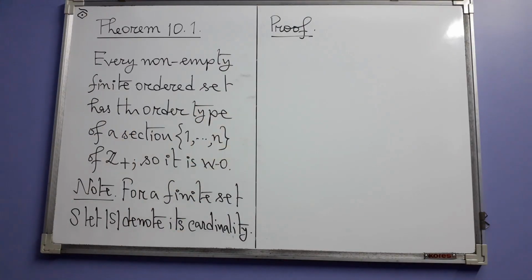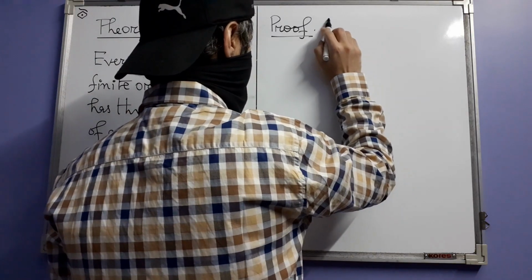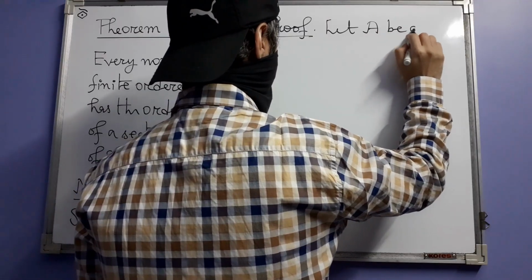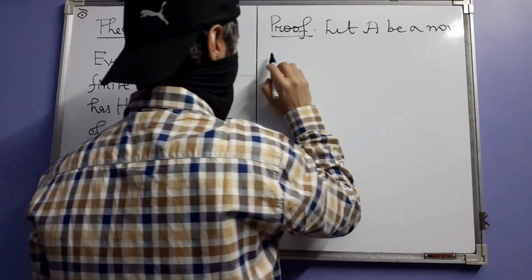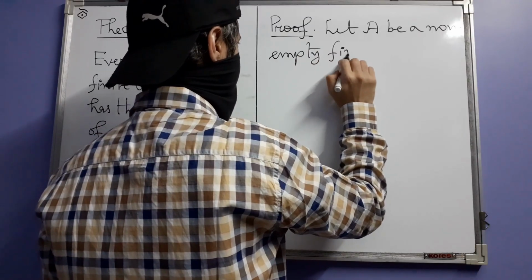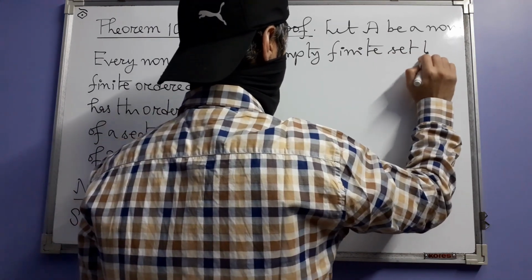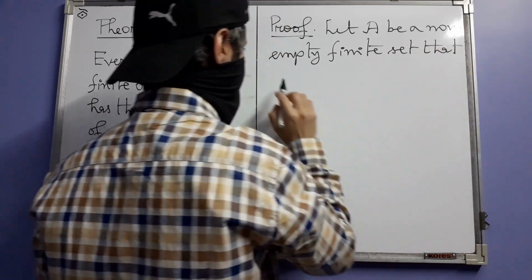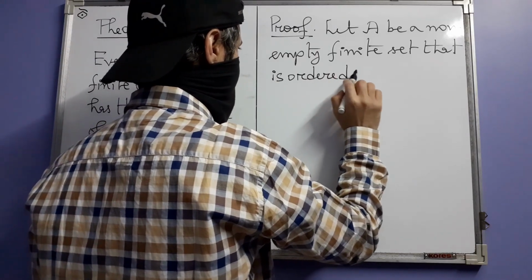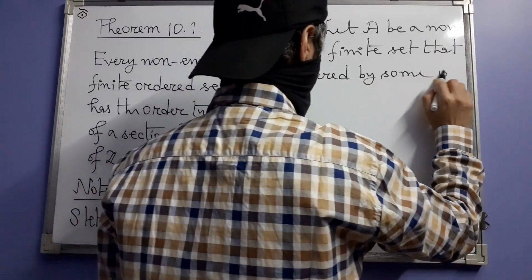Okay, let's now start the proof. Let us first give our set some name. Let A be a non-empty finite set that is ordered by some ordering relation.